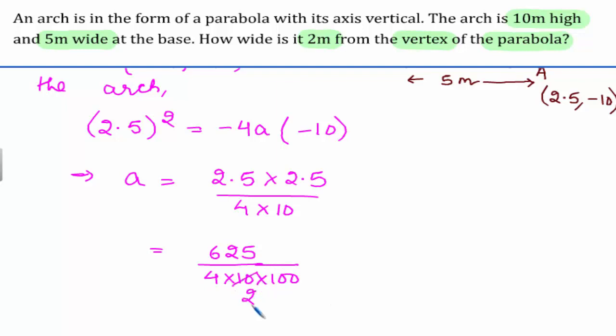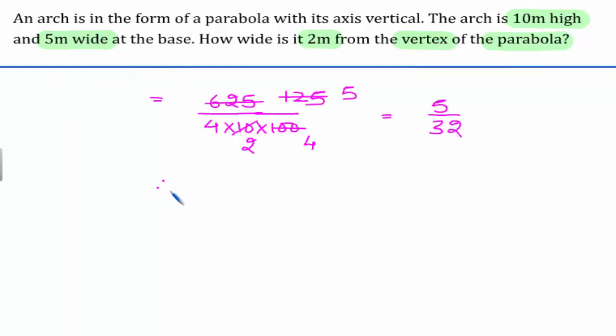This is further equal to 5 upon 32. Therefore, the value of a is equal to 5 upon 32.